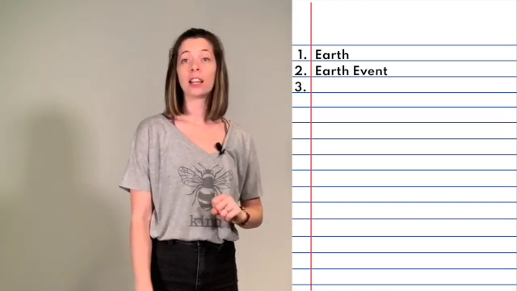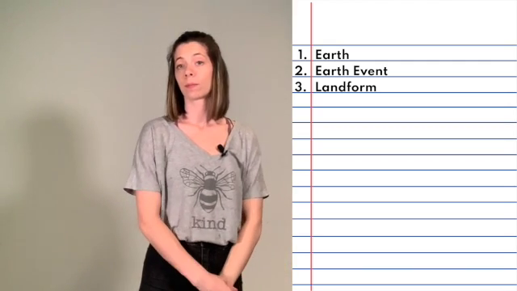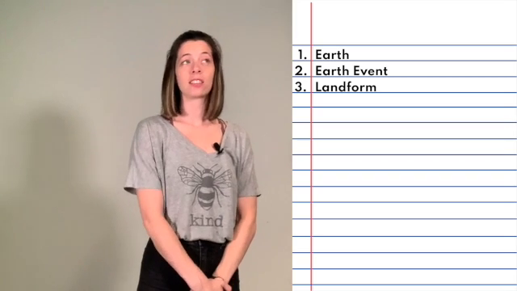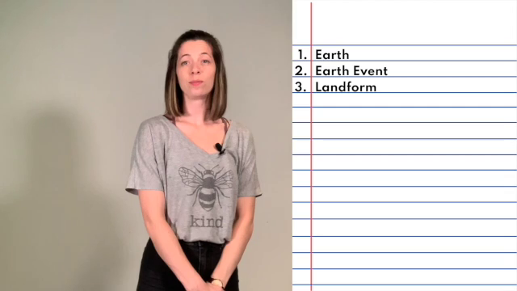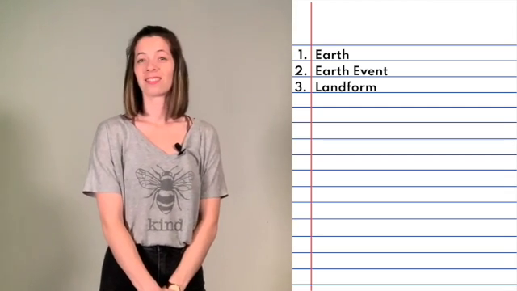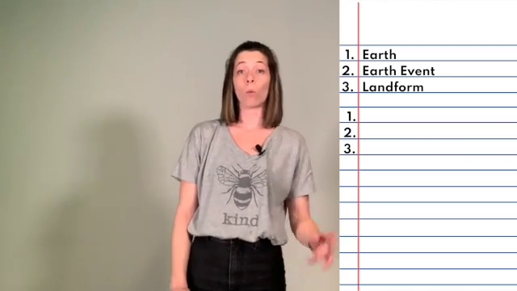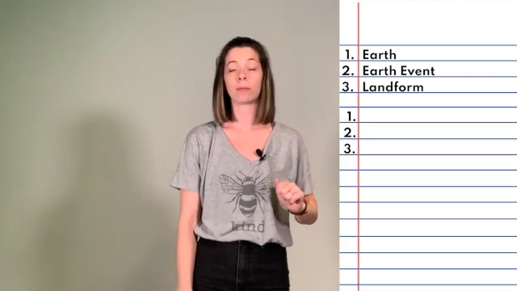And next to 3, write landform. I'm going to give you a couple seconds to get this down. Nice. Now, under that, again, write 1, period, 2, period, 3, period.